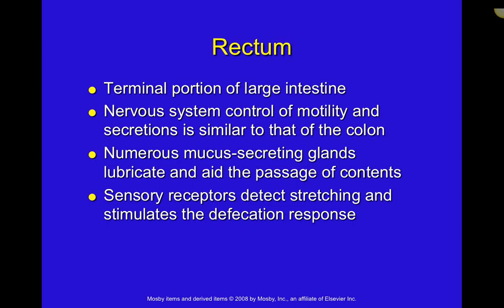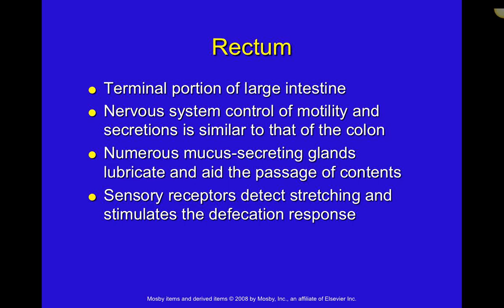And then we work our way past the large intestine, past the colon and into the rectum. It's the terminal portion of the large intestine. Nervous system control of the motility and secretions is similar to that of the colon, and it has lots of mucus secreting glands, and it lubricates and aids in the passage of contents, so in the passage of stool.